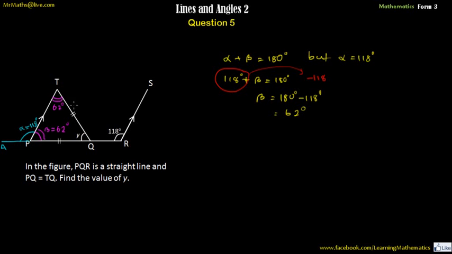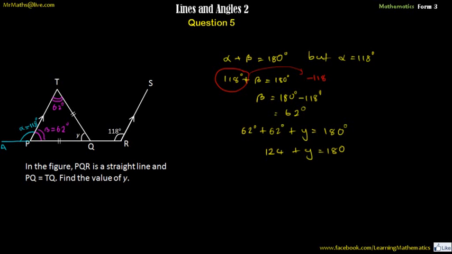Remember, the total value of 3 angles in the triangle is 180. Then 62 plus 62 degrees plus y is equal to 180. Then 62 plus 62, if you add up together, is 124, plus y equal to 180.